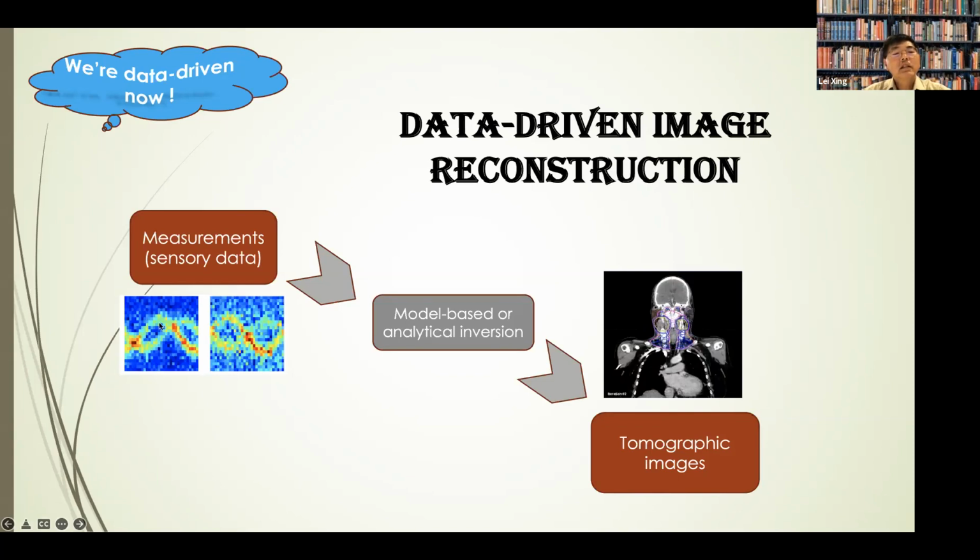This is what we call the sinogram, and then you have to change that. Today in a commercial scanner, you change that using a model-based or analytical inversion. You change this to an image, okay? But the problem with this process is it needs a lot of data, okay?